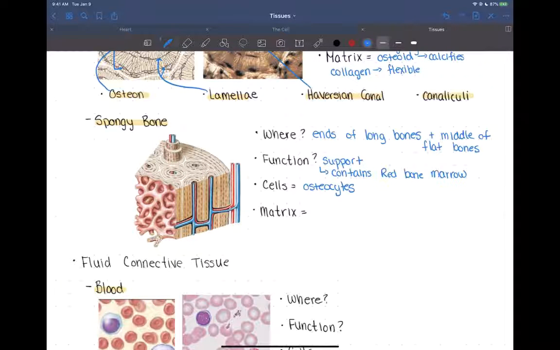And the ground substance is going to be the same as compact bone. It's just arranged differently. So it's made of the same stuff, it's just arranged very differently. It's not as tightly compacted, there are more spaces within the spongy bone.